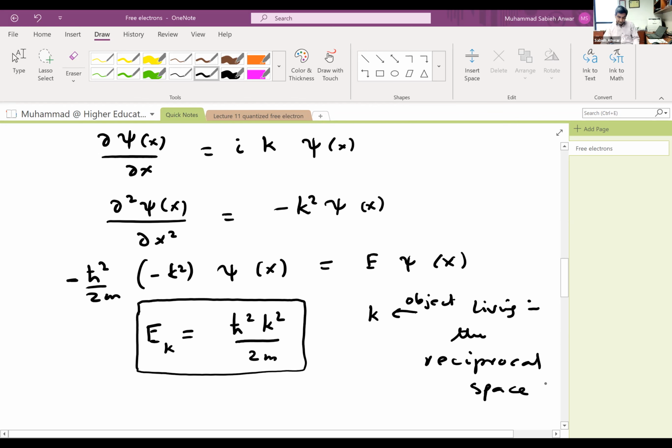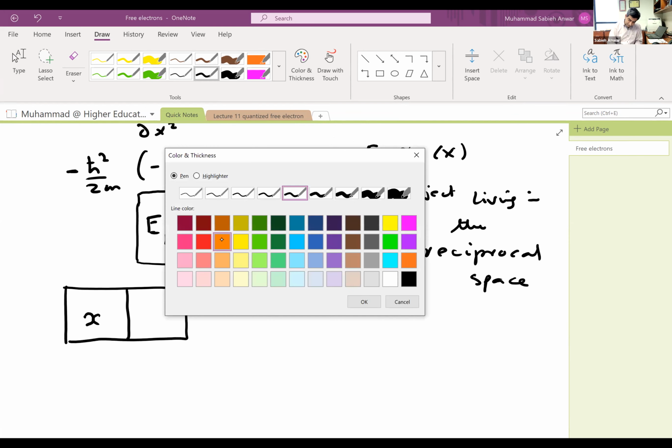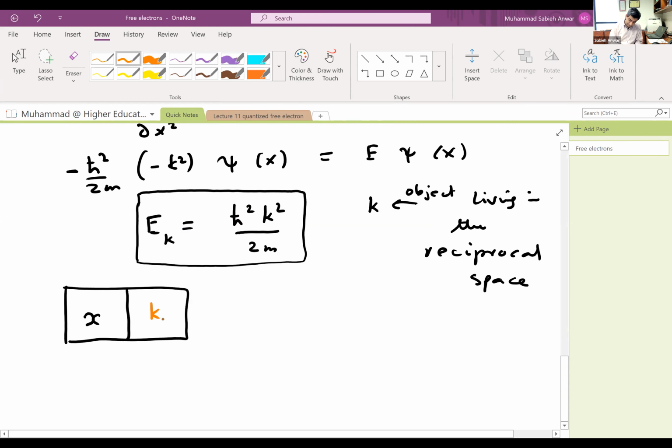It's the inverse space, or the Fourier analog, or the conjugate variable to the direct space. So if we have x on one hand, its conjugate variable is going to be k. So these are called conjugate variables in quantum mechanics. So the energy of this electron will depend upon the value of k.